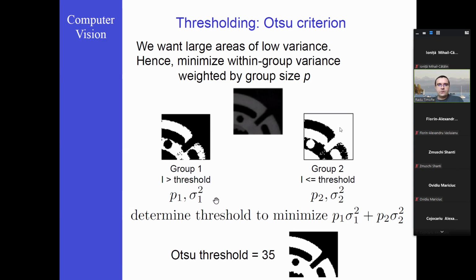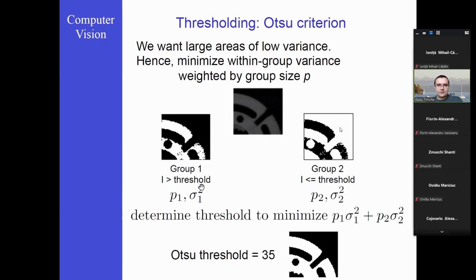So obviously, we want to minimize the within group variance, so the variance in the values in the same group, and this regardless of whether it's the foreground or background. And if this is the case, then we are just doing this weighted expression here. We are weighing the variance with the number of pixels in one group and the other group.